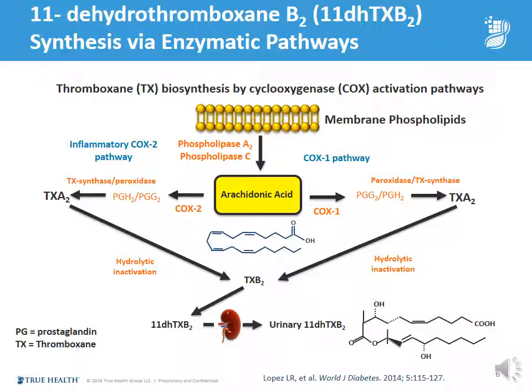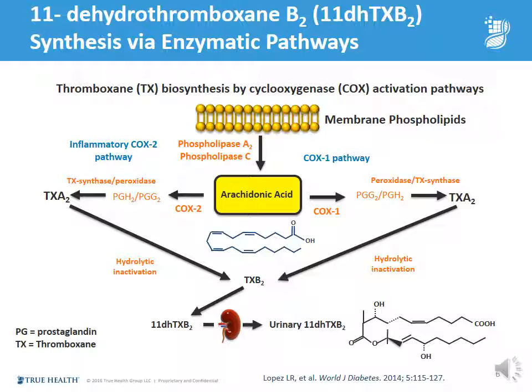Thromboxane B2 synthesis occurs in the liver from thromboxane A2, and it is metabolized in the liver to 11-dehydrothromboxane B2, which re-enters the plasma, filters through the kidney, and shows up in the urine where it can be assayed, and you see the molecular structure of urinary 11-dehydrothromboxane B2.